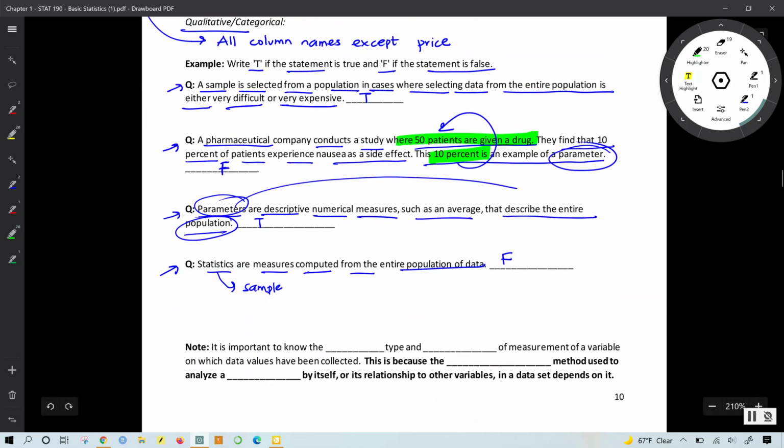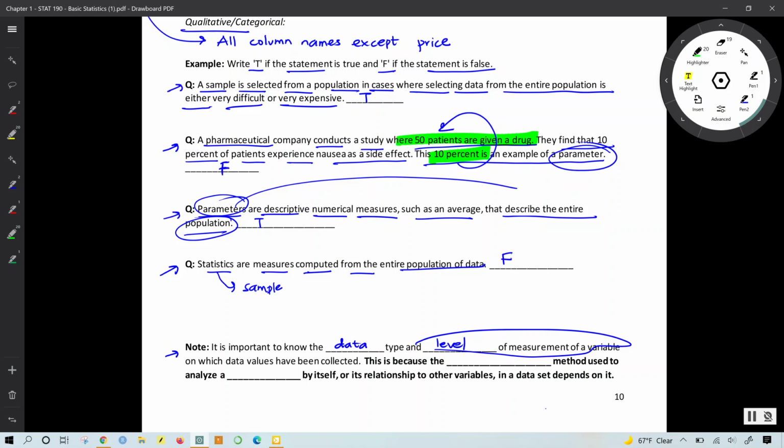Now, it is very, very important to note the following. It is important to know the data type we're dealing with, as well as what we call the level of measurement of the variable. The level of measurement of a variable will be discussed next after this discussion, and both characteristics of a variable are important before we decide what statistical method to use.